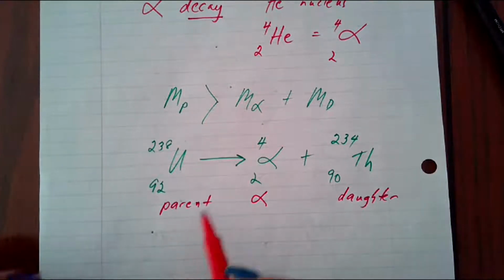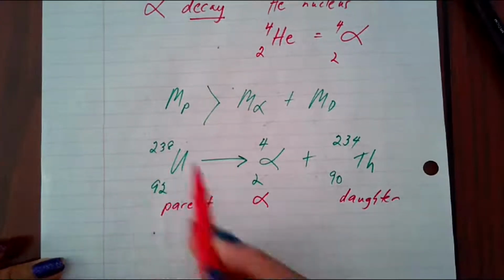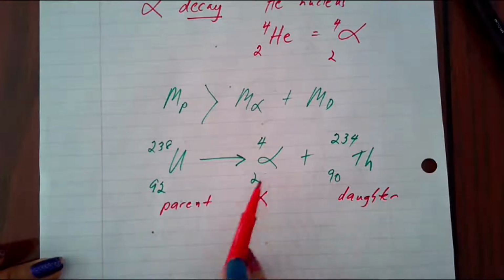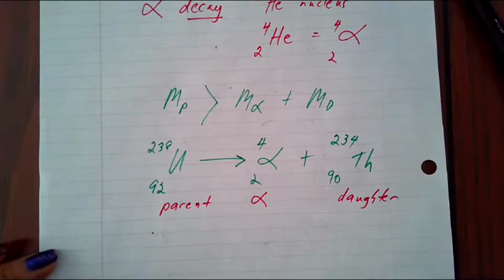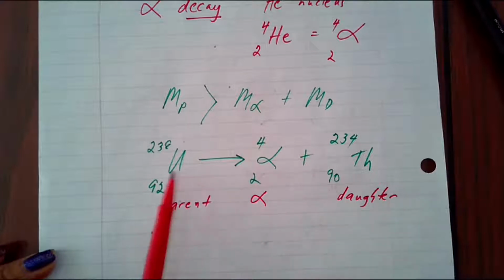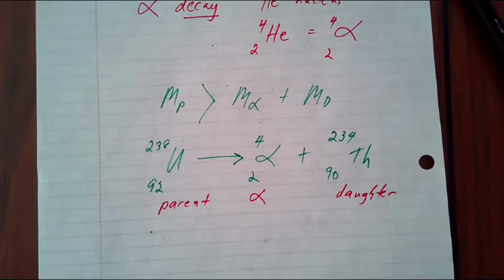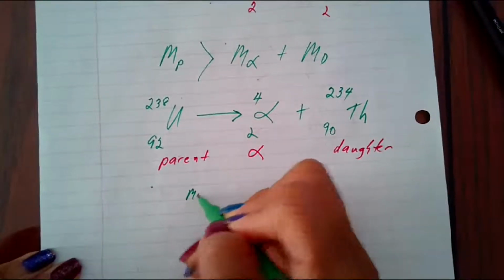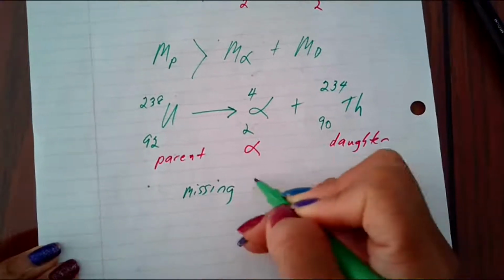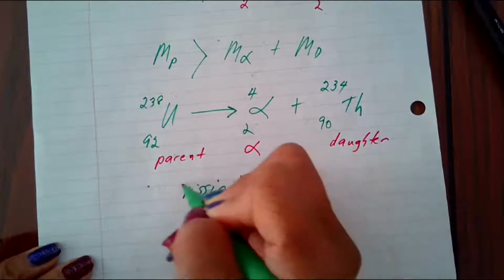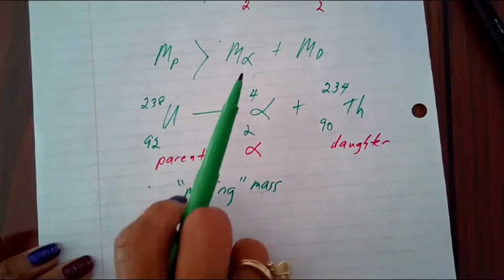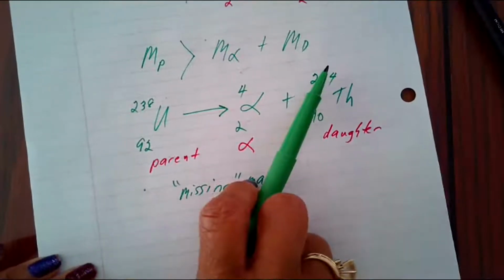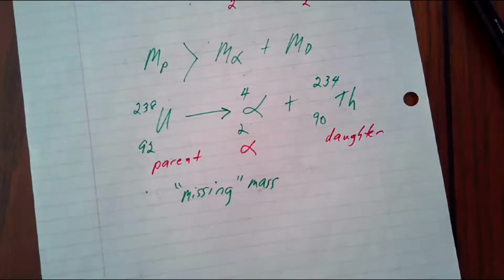So this parent nucleus has a greater mass than these two. So the sum of the parts is less than the whole. Why is that? What accounts for the missing mass? Where did that missing mass go? Why is it that you have less mass in the alpha and the daughter nucleus when it splits?